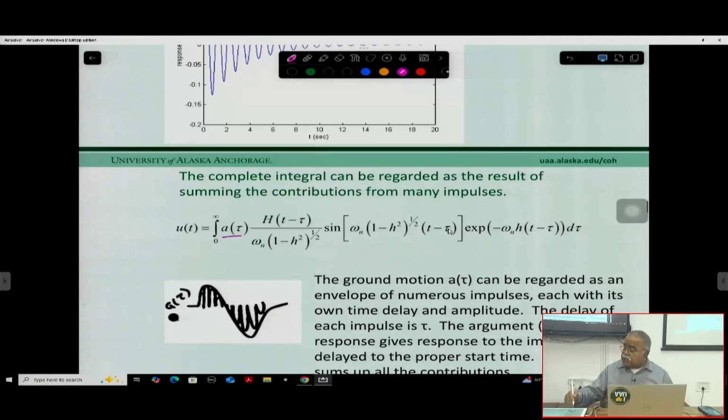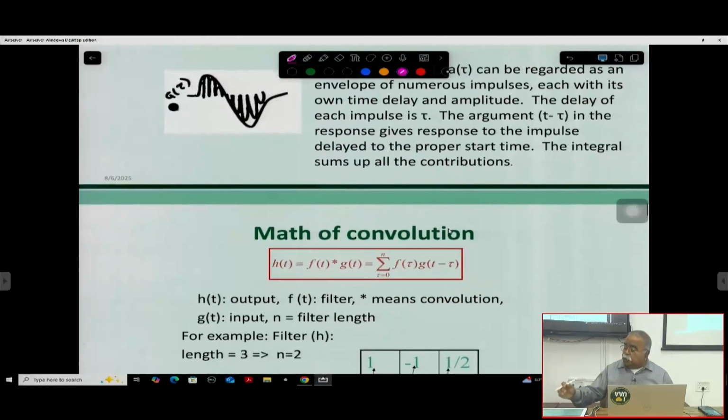That's the response for any type of ground motion. If you have any ground motion, you can calculate it this way. This is what we call the method of convolution, that h(t) always equals f(t) times g(t), and this is what we call a convolution operation.